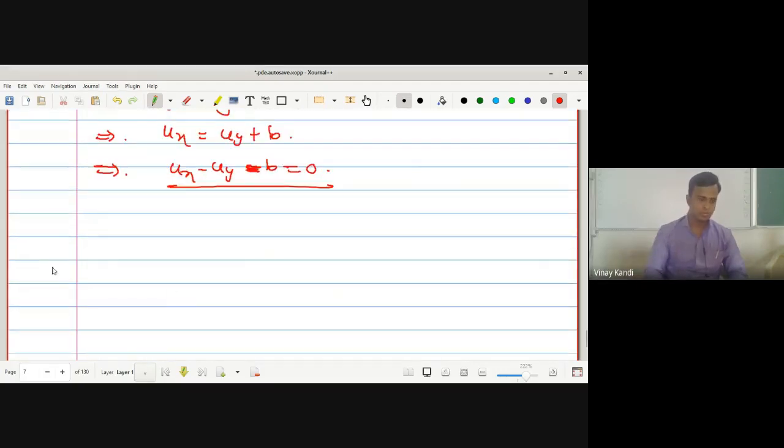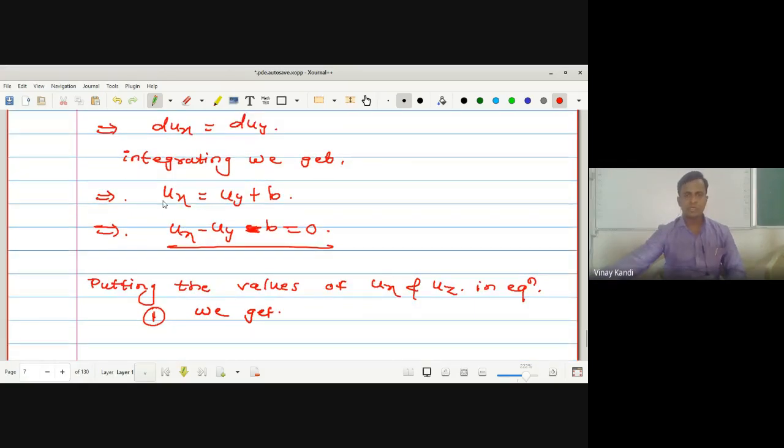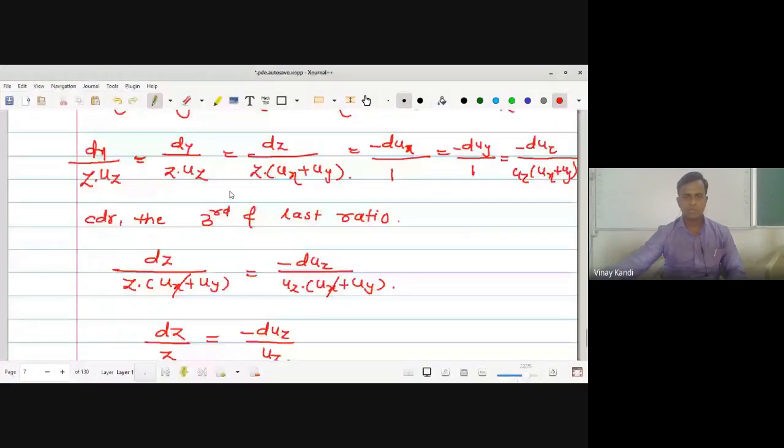Now putting the values of ux and uz in equation 1. Okay, in equation 1 we get, now put the values of ux and this uz in equation number 1.